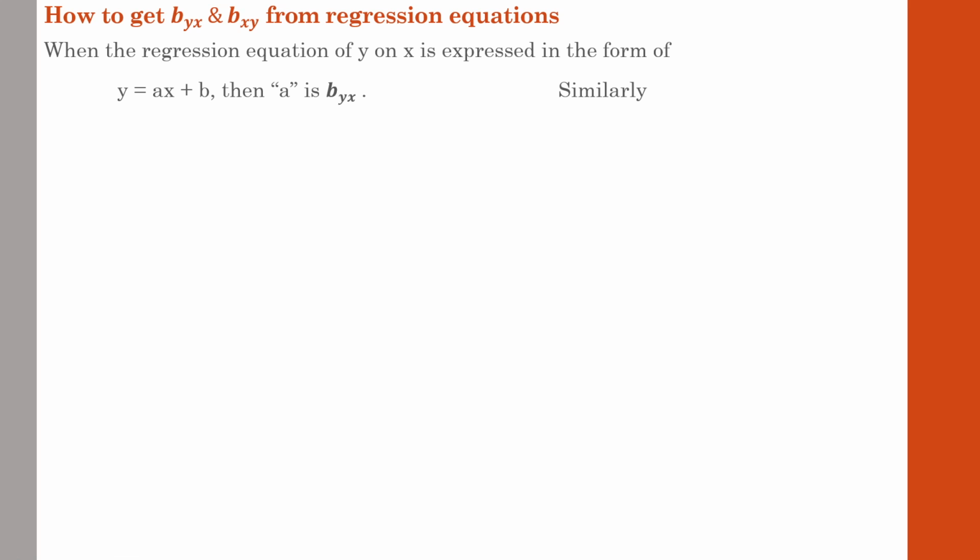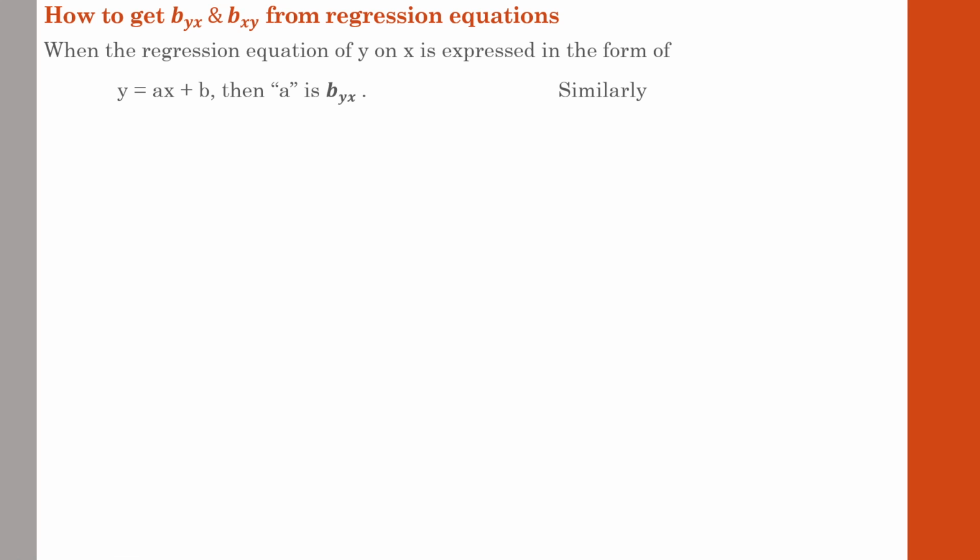Remember, for every case regarding this situation, like how to find byx and bxy from an equation, you need to assume that whatever equation you are going to deal with, let the first equation be y on x, and we are going to prove whether it is y on x. Once you assume that it is a case of y on x, remember in the beginning we learned about the method of least squares.